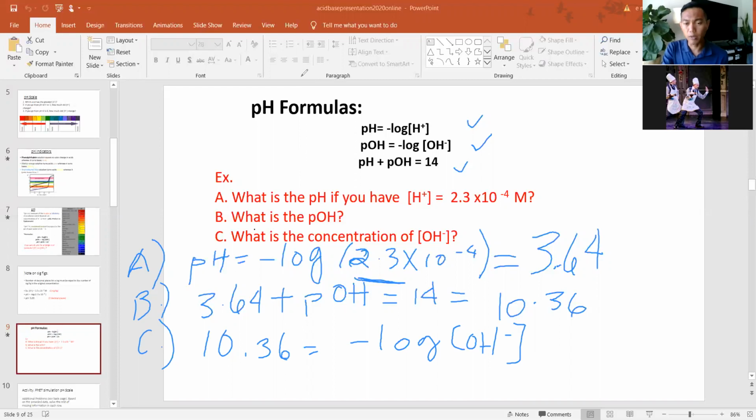We've got to get rid of the negative, and we've got to get rid of this log. So the negative is easy. To get rid of that, you could divide both sides by negative 1. Just by doing so, I can get rid of that negative on that side, and what will happen is this will now become negative.